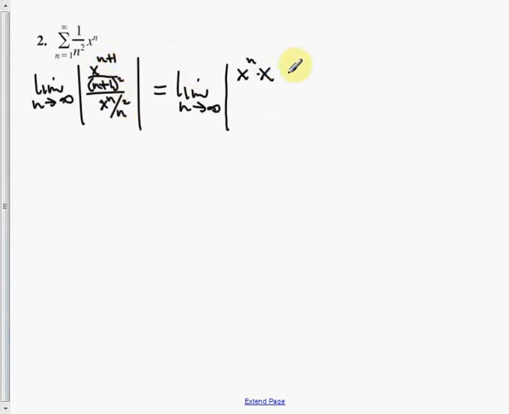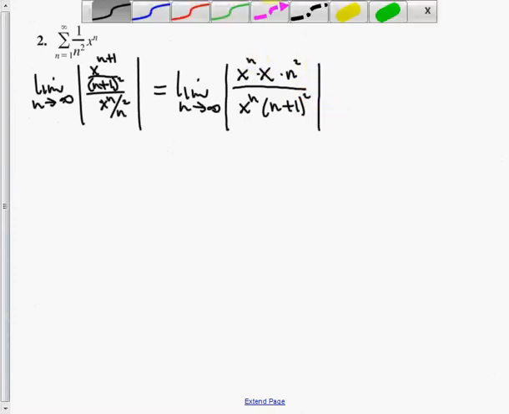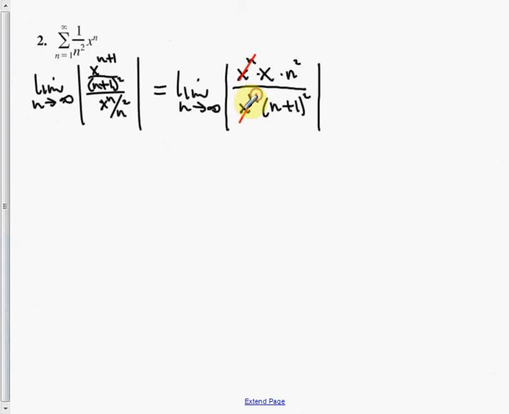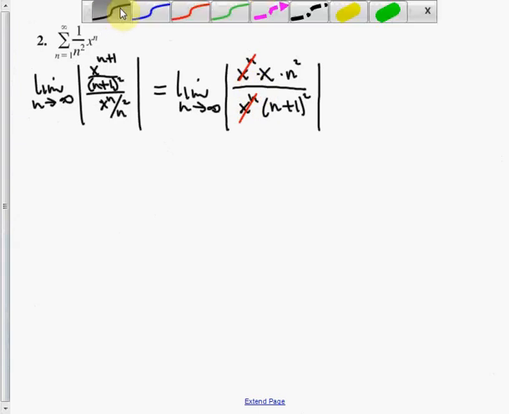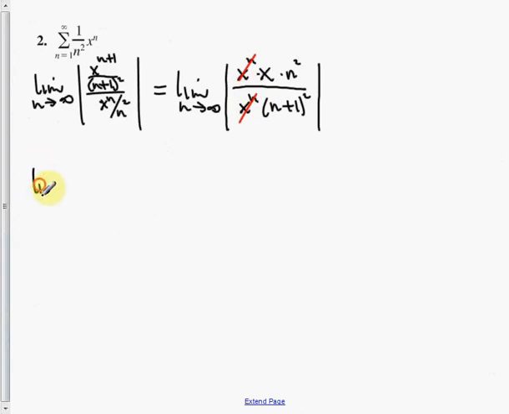And then this n squared goes upstairs, divided by x to the n times (n plus 1) squared. Now the x to the n's cancel out. So this is the limit as n goes to infinity of the absolute value of x times n squared over (n plus 1) squared.